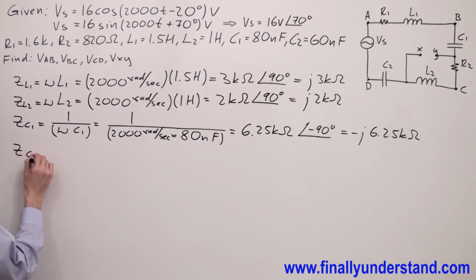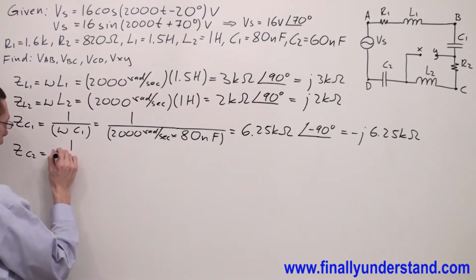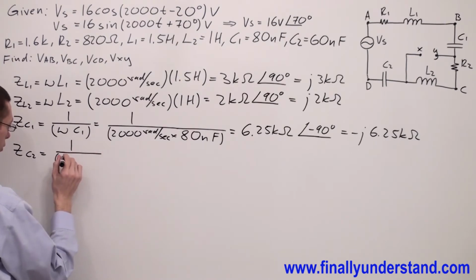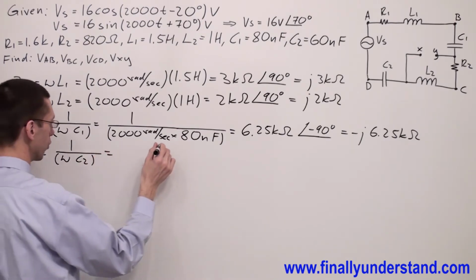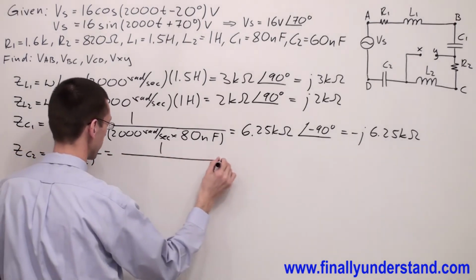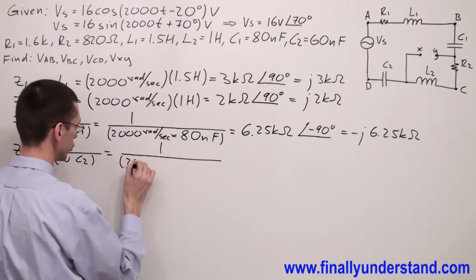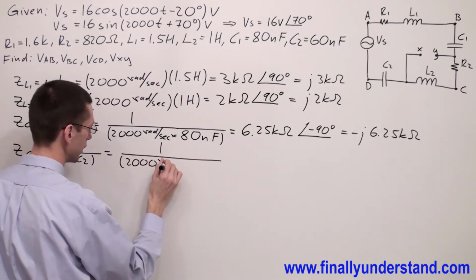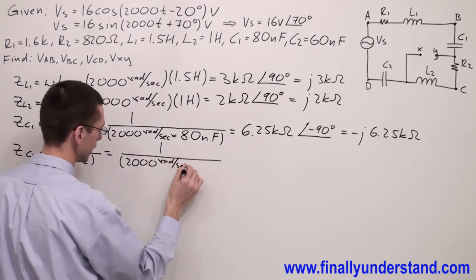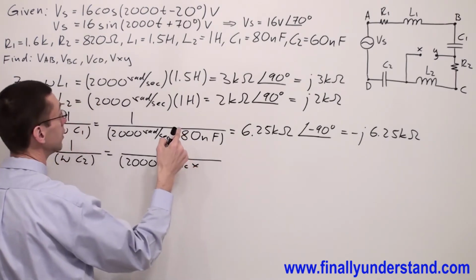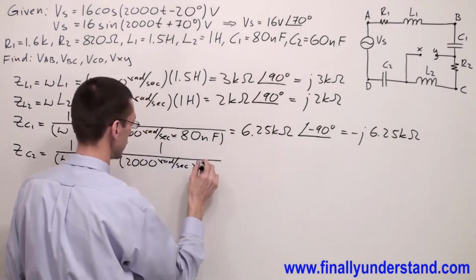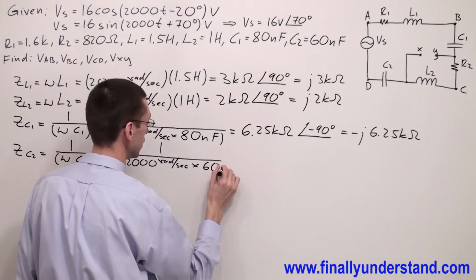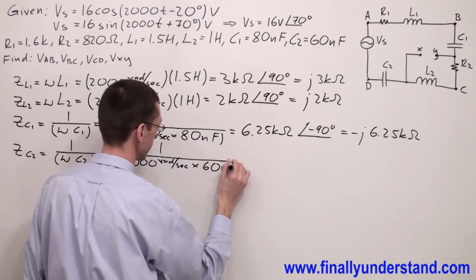Okay. Next, we're supposed to find impedance of capacitor C2, which is equal 1 divided by, open parenthesis, don't forget about the parenthesis, omega C2, which is equal 1 divided by, open parenthesis, 2000 radians per second times the capacitance of capacitor C2, which is equal 60 nanofarads.